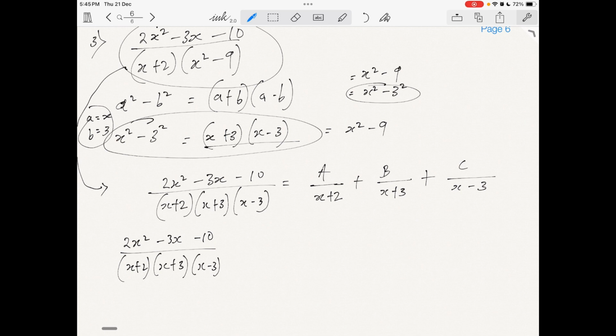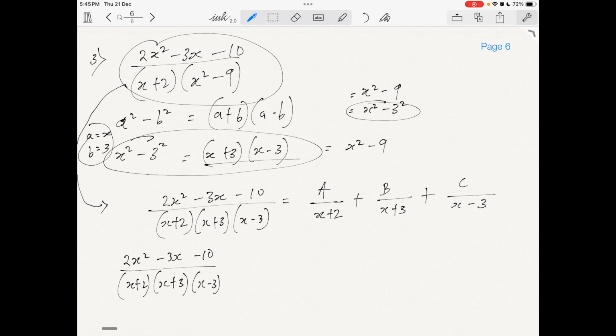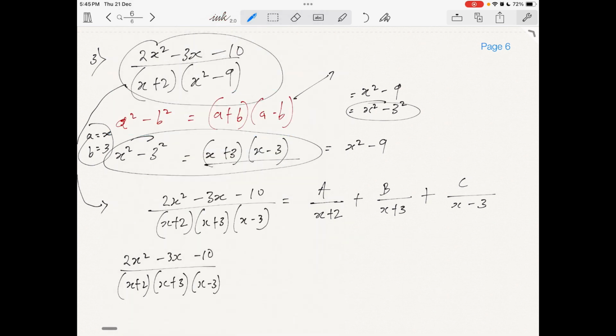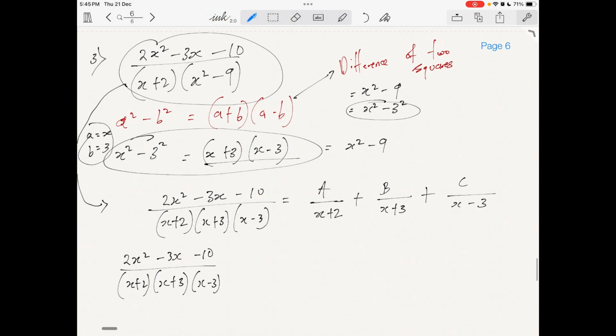Okay, for clarity, what is written here is what I would call the difference of two squares. So is algebraic in nature. So let's proceed. Let's find the LCM of x plus 2, of x plus 3, of x minus 3.